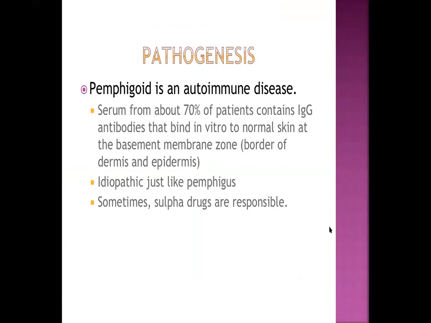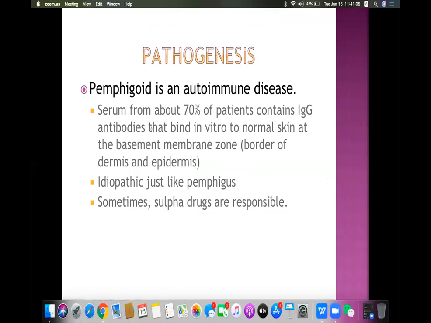Now, what type of disorder is this bullous pemphigoid according to the pathogenesis? Just like Pemphigus vulgaris, it is also a type of autoimmune disorder. Serum from about 70% of the patients of bullous pemphigoid contain IgG antibody, and that IgG antibody binds in vitro to normal skin at the basement membrane zone, that is the border of dermis and epidermis.